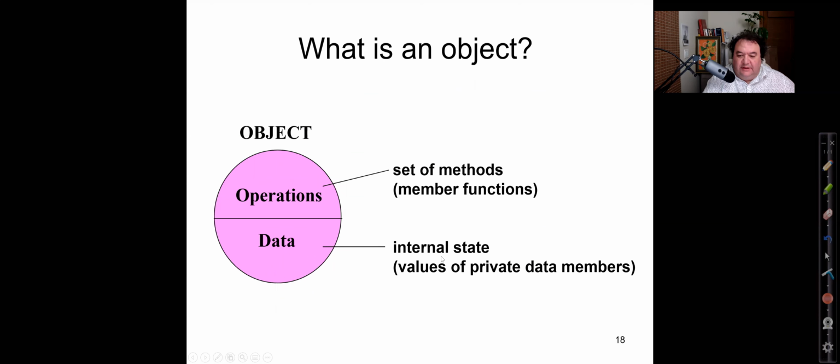For all the data describing the internal state, except static ones, there is a whole copy. Every object has its own internal state, and the set of methods operate on that state. So every instance will be, in some sense, independent from the others, again, except for static members.